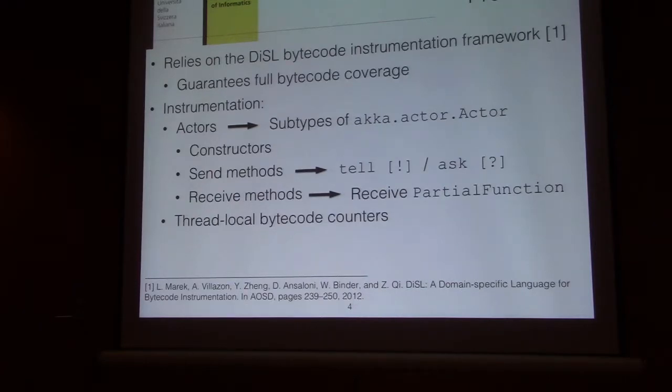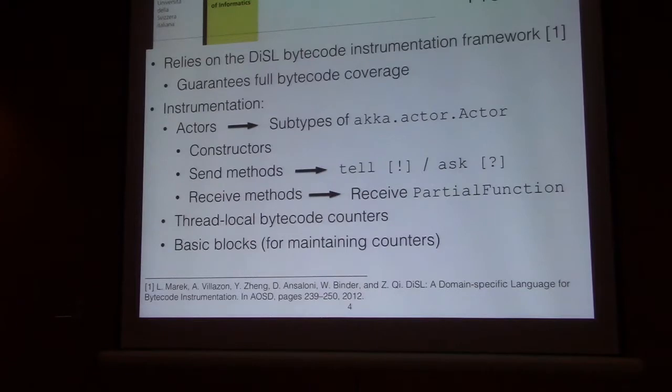In this way we avoid locking or synchronization mechanisms, and we can also keep the overhead quite low. And intuitively, the instrumentation logic reads the value of each bytecode counter at the end and at the beginning of the constructors and receive methods, takes a difference, and in this way it can measure the creation cost and executed computations.